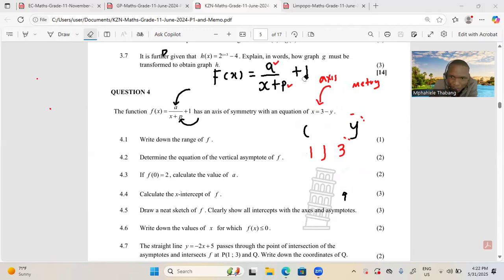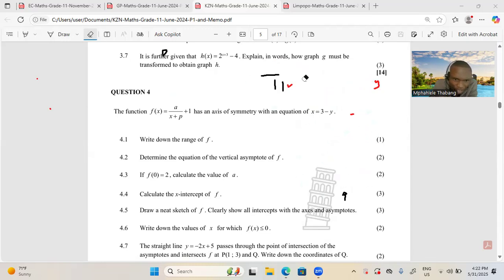Now let's hear what they want. They are saying, write down the range of f. This is a very good question. For a hyperbola function, finding its range should be simple.